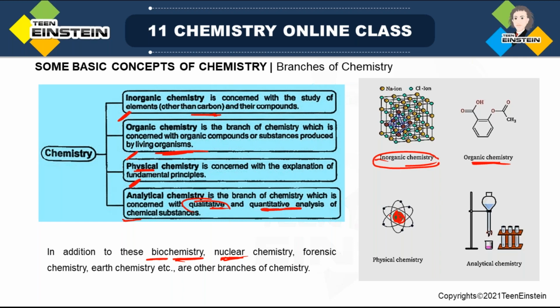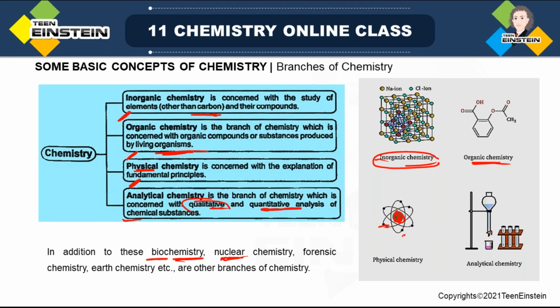There will be some change in the nucleus, and the nucleus is composed of protons and neutrons. So protons and neutrons now will take part. But in a normal chemical reaction, only the electrons take part. So that is why it is different. Nuclear chemistry mainly involves the reactions related to the nucleus. That is why the name nuclear chemistry.